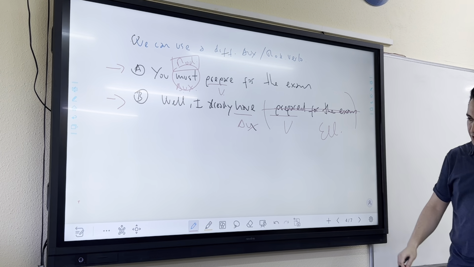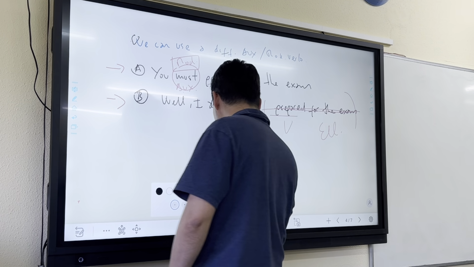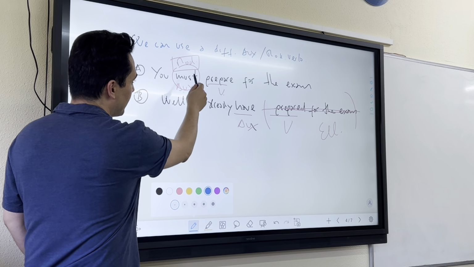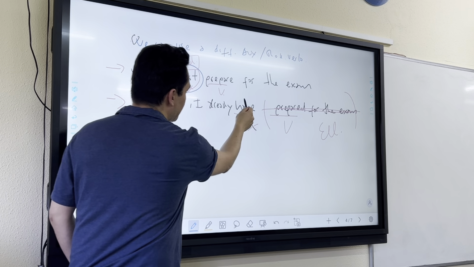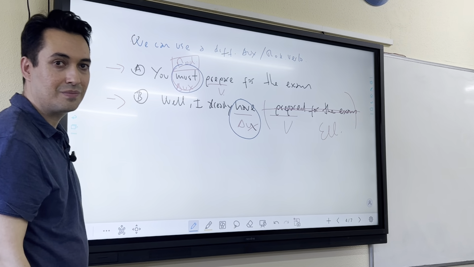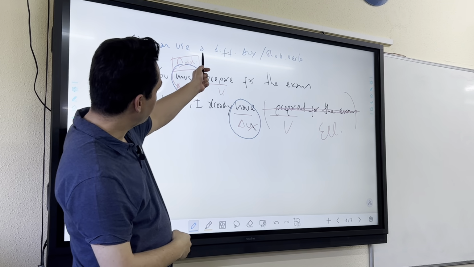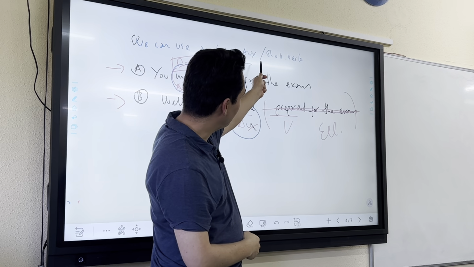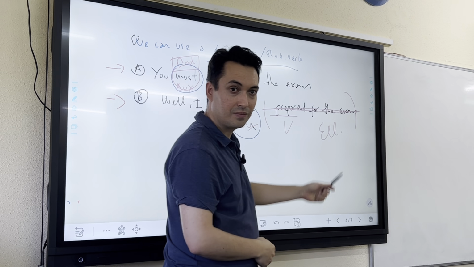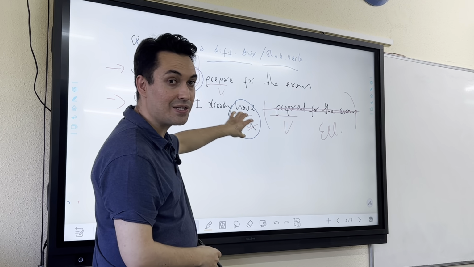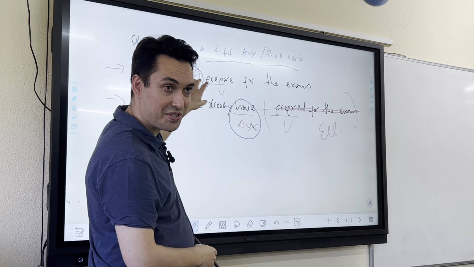The thing is, now you would say, excuse me, Jesus, but you said that you repeat the auxiliary, and this auxiliary and this auxiliary are not the same. Yeah, they're not the same. But you know what? We can use a different auxiliary or a different modal verb. So it doesn't necessarily need to be the same. Do you understand?